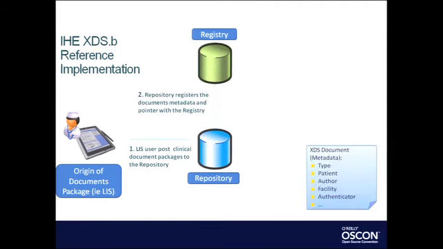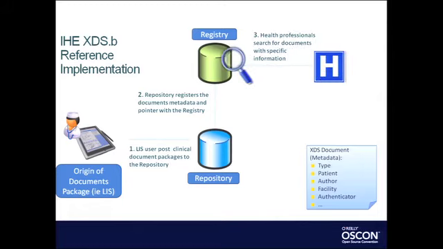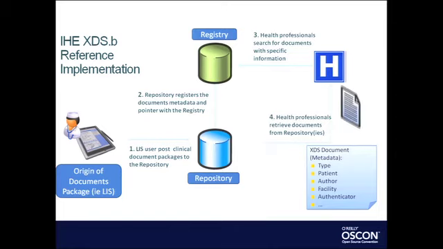Metadata is basically information about what is in the document, certain attributes that can then be used by the primary care professional, who is in a different health system, to send a query to the registry using these parameters. The registry is going to return links for matches that it found based on the selection criteria. And then the physician using the application can retrieve the document from the repository.